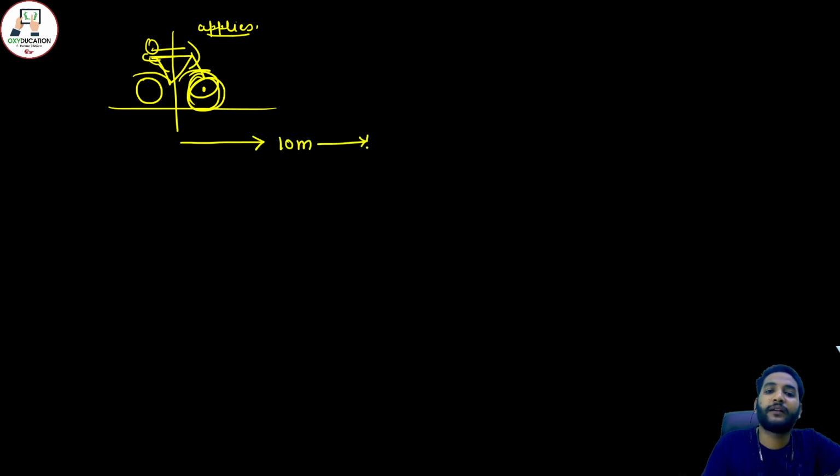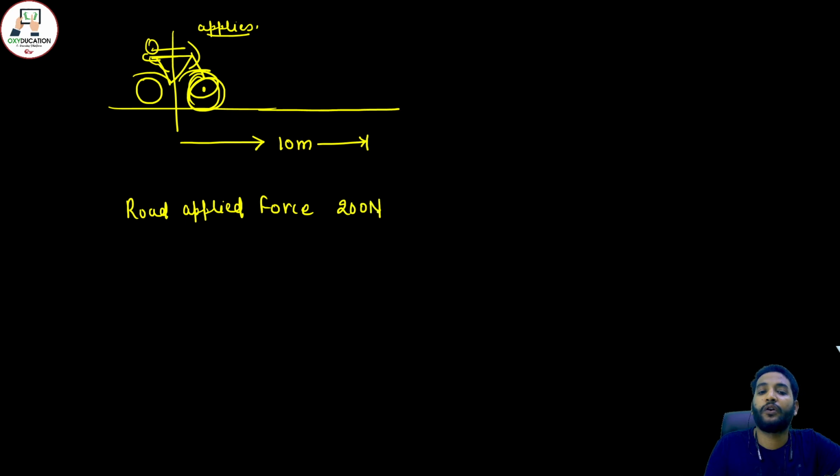Here is a cyclist. Let's suppose this is a cyclist and it is moving. Now when he applies a brake, the cycle starts skidding. And this cycle moves a distance of 10 meter in the forward direction. Okay. Now the question has given that the road applied a force of 200 Newton on the cycle.